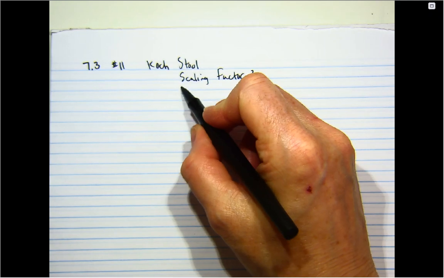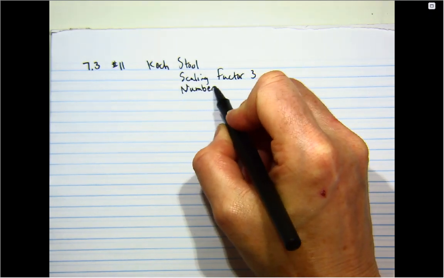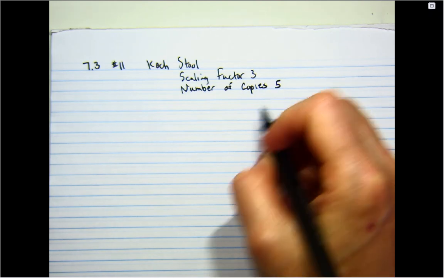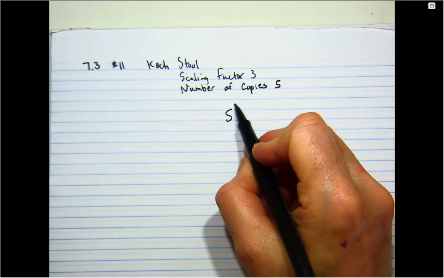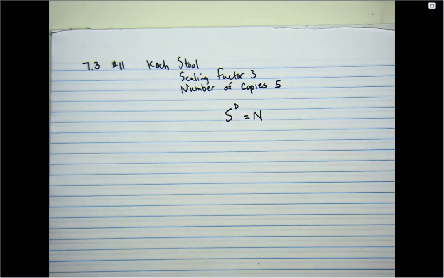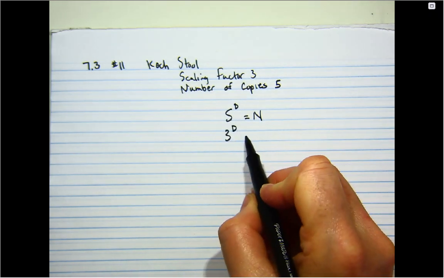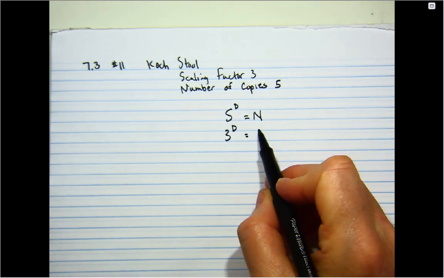The scaling factor is 3, number of copies 5. And we had s raised to the d equals n. Now you would just fill in there, the scaling factor is 3. We're trying to find the dimension, and the number of copies 5.